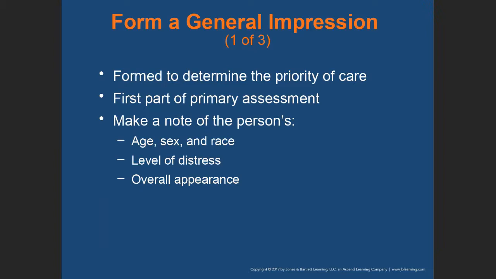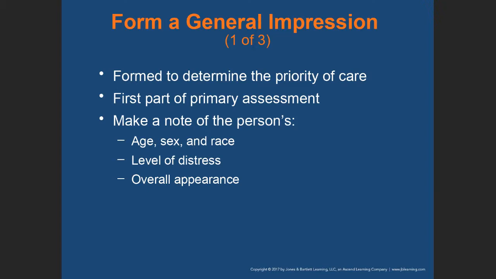So just like the scene size up, where you have to ensure the scene is safe, you have to consider the mechanism of injury or nature of illness, you have to take standard precautions, you have to identify how many patients you have, and consider the need for additional resources. It's the same with your primary assessment.